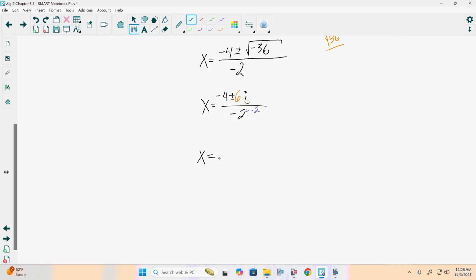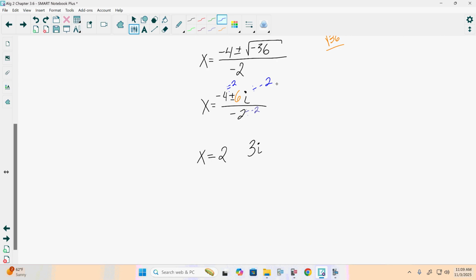On top, negative 4 divided by negative 2. Well, the negative and negative make a positive. 4 divided by 2 is 2. Now, 6i divided by 2 is going to be 3i.